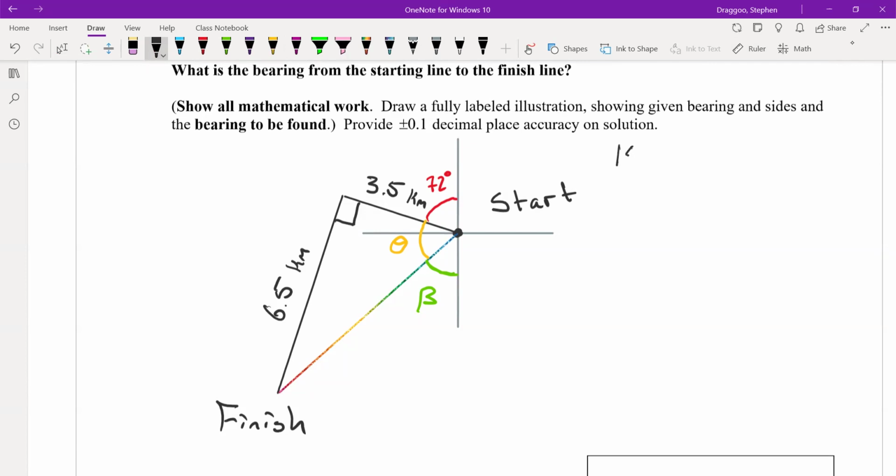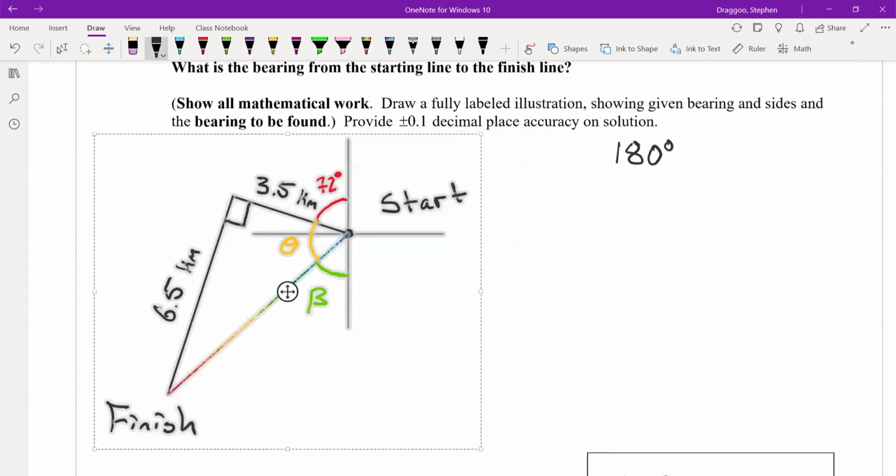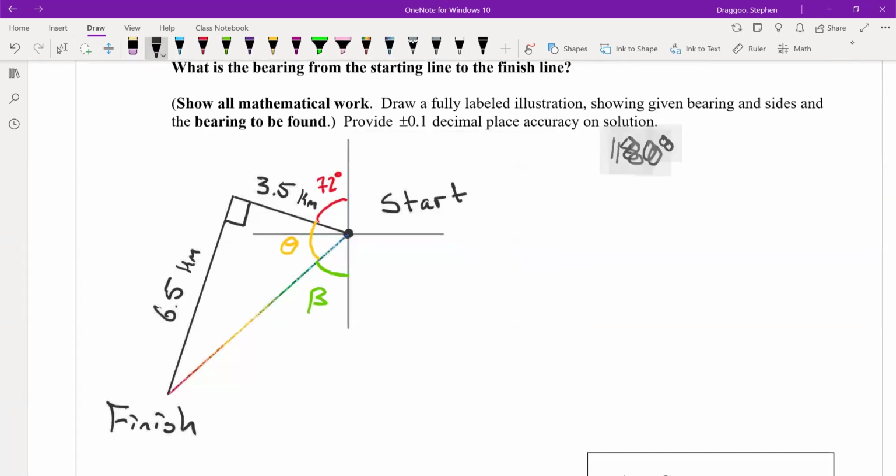So I'm going to start with the equation: 180 degrees is equal to the sum of the three angles in color. 72 degrees plus theta plus beta. Red plus yellow plus green.